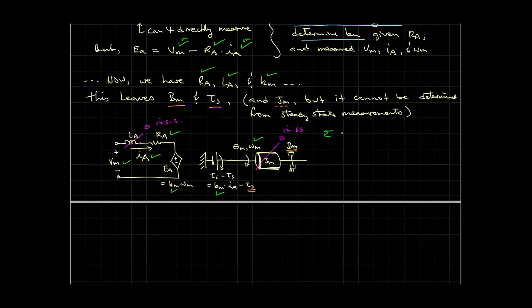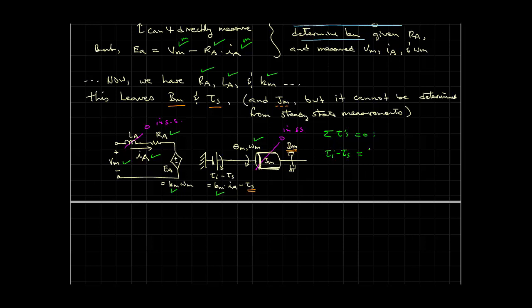Okay, so if we sum the torques to 0, we have tau I minus tau s is the net torque, we'll say, that is being applied to Jm, Bm, and tau load. But in this case, because we're in steady state, there is no tau of Jm and we have no external load.